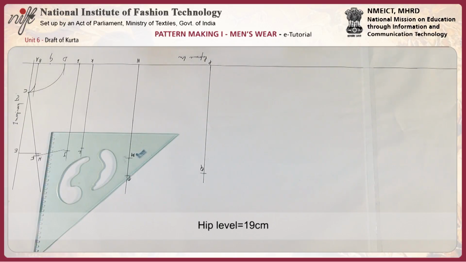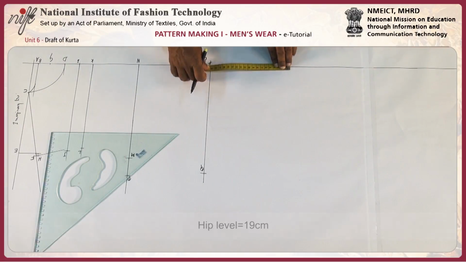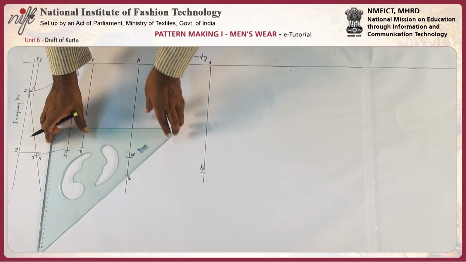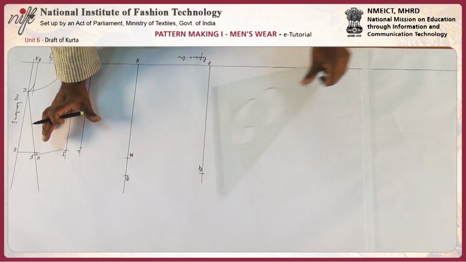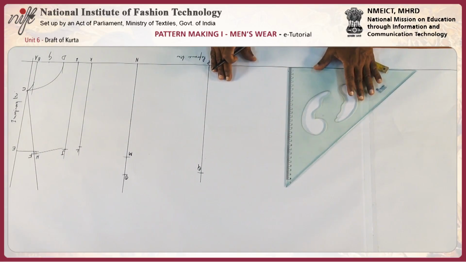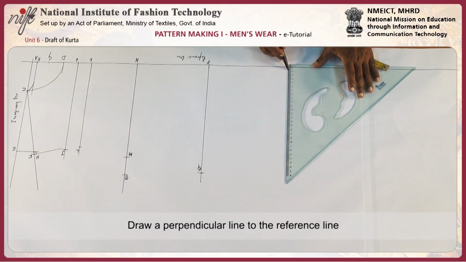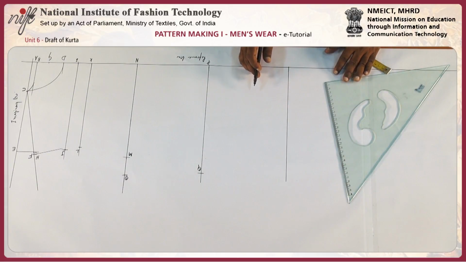Hip level from the waist point is 19 centimeter. Then draw a perpendicular line to the reference line.